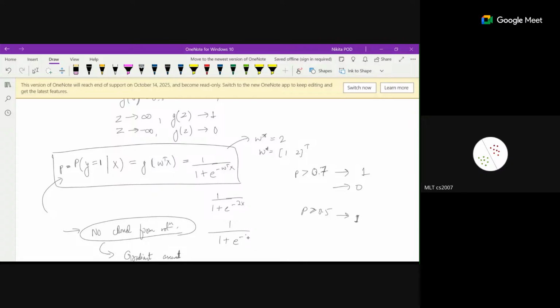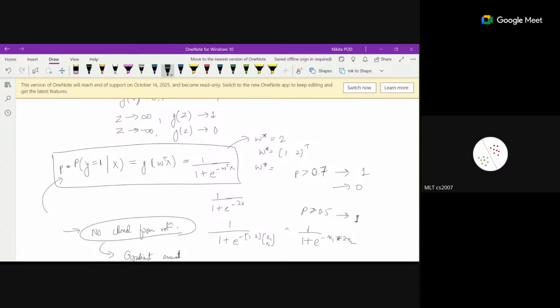So W is 1 2, times x1 x2, so it can be written as 1 by 1 plus e to the power minus x1 minus 2x2. Now let's say W is in R3.